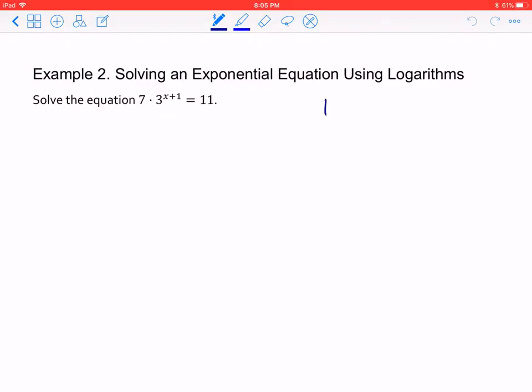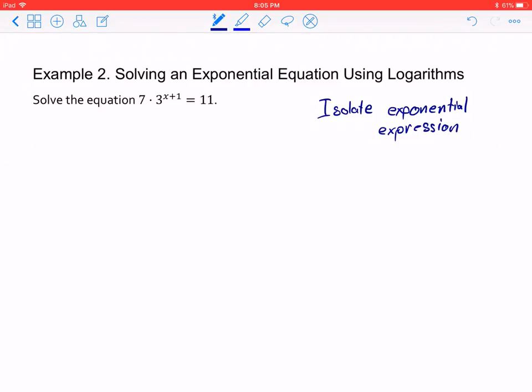So what I would suggest first is always just isolate the exponential expression. What do I mean by the exponential expression?